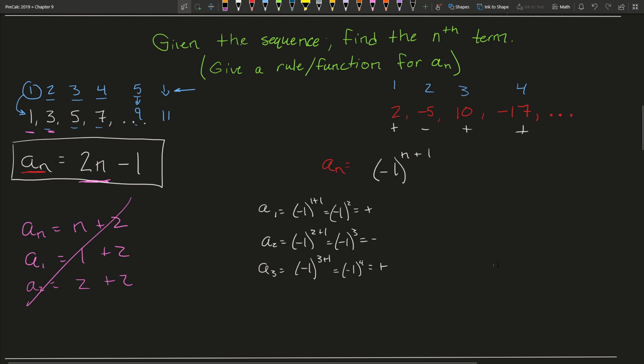Now we need to actually work on the magnitude. We have to see how we get from the blue term to the red term without any signs. So how do we get from 1 to 2, 2 to 5, 3 to 10, and 4 to 17?